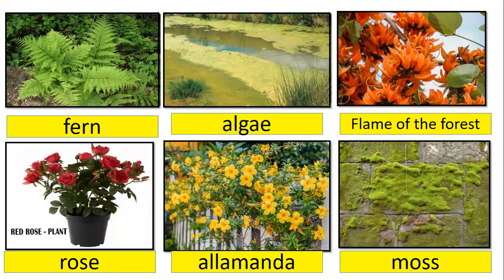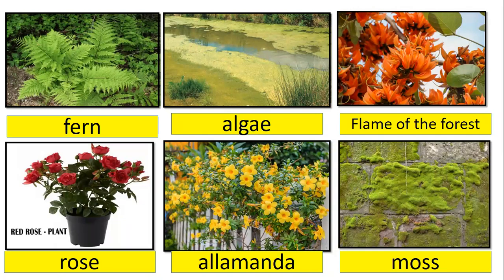Okay? That is the names of the plants. Now, the fern, algae, and moss are in the same family because they are plants that cannot give flowers. Understand? Rose, alamanda, flame of the forest are in the same family.